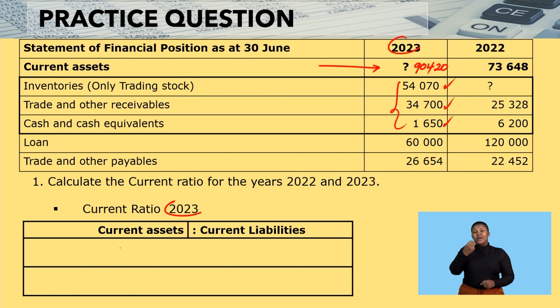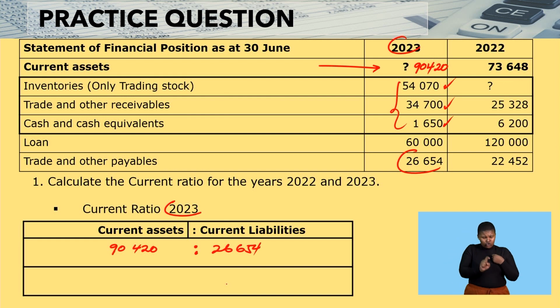In my formula, I need current assets, which I now have: 90,420. Then my current liabilities, which is trade and other payables: 26,654. I know that when I'm doing a ratio, my answer has to be as to 1. For it to be as to 1, I need to divide everything by my current liabilities, 26,654.